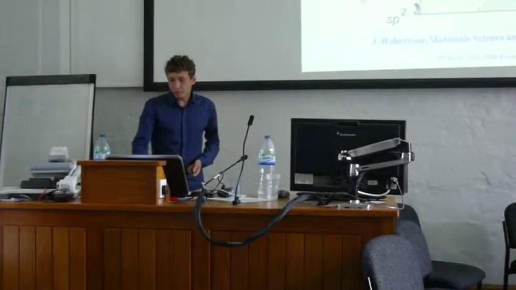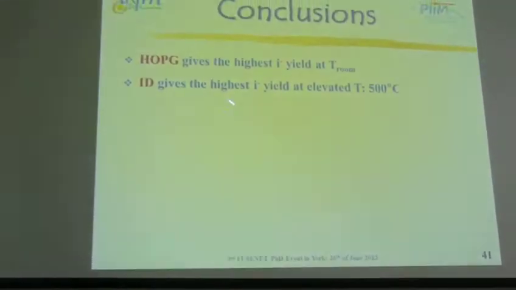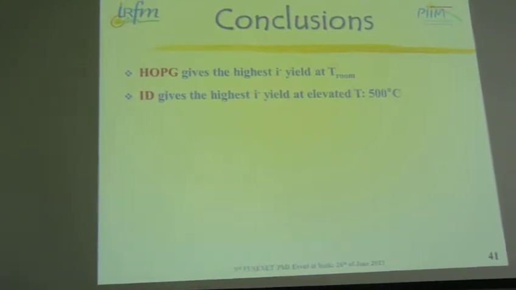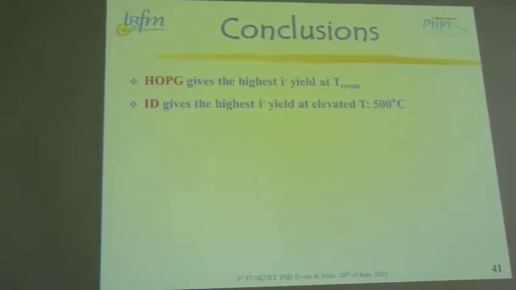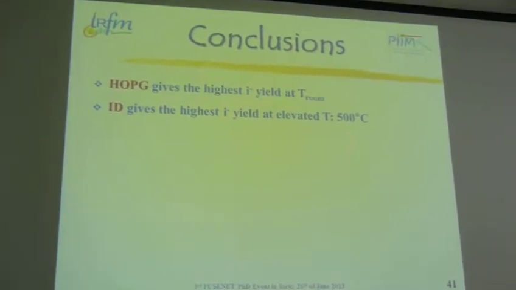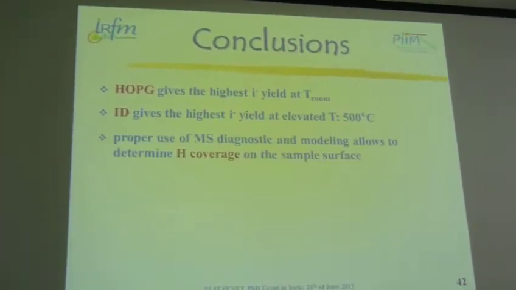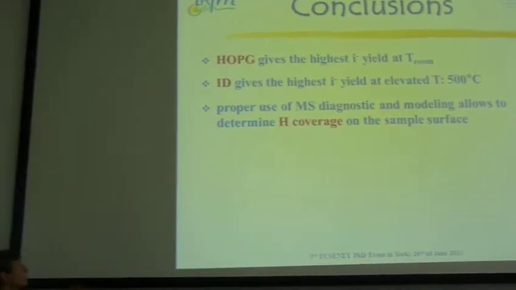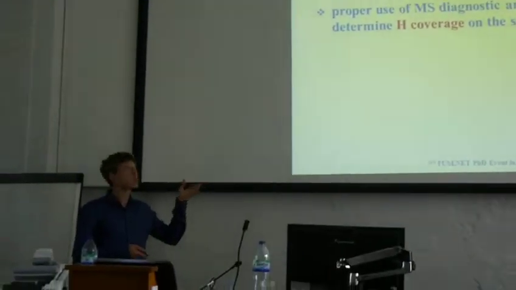So basically, the conclusions would be that for HOPG, the highest yield was given at room temperature. However, for elevated temperatures, the intrinsic diamond gave the highest yield. And the difference here is around 1 order of magnitude. Then we use the mass spectrometry to determine the hydrogen coverage on the sample surface, more or less to get an estimate.